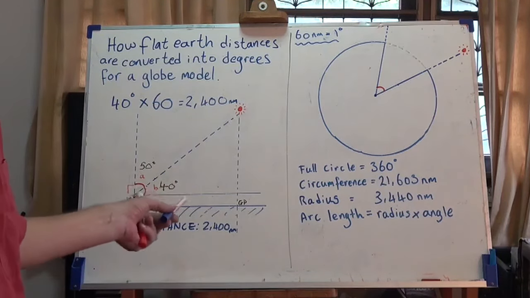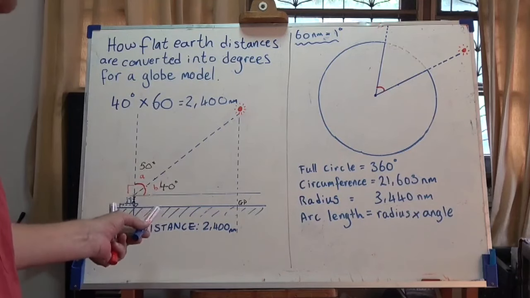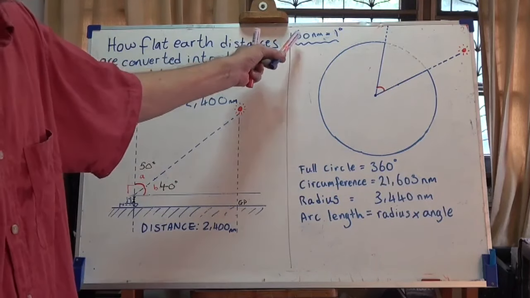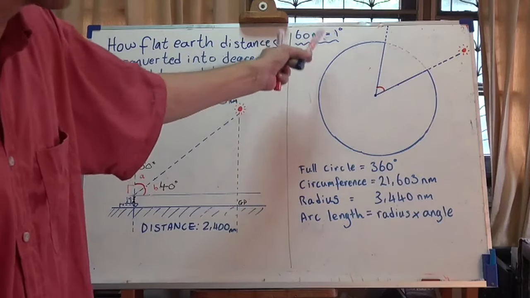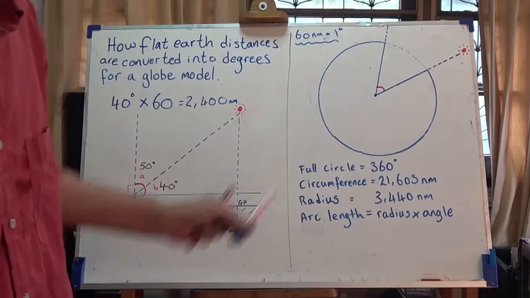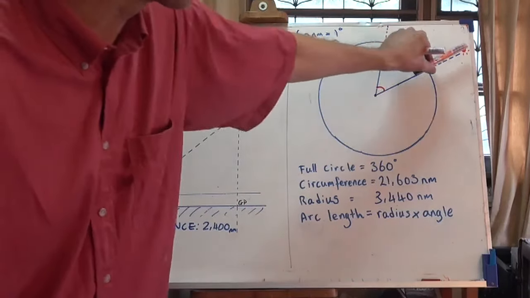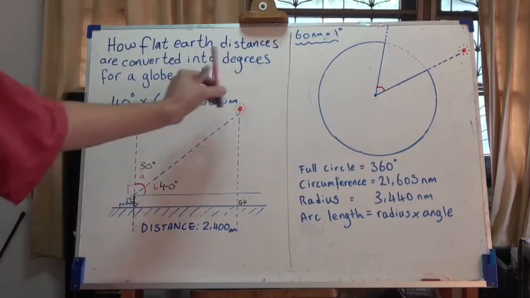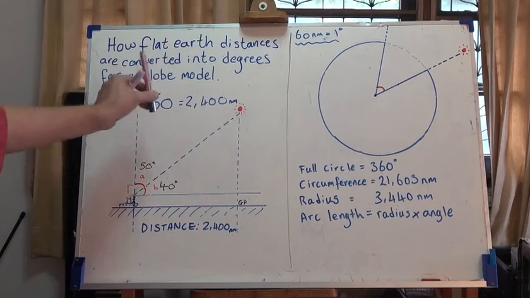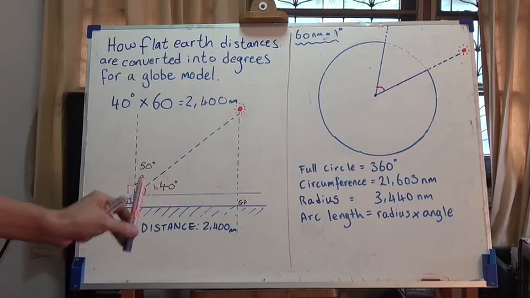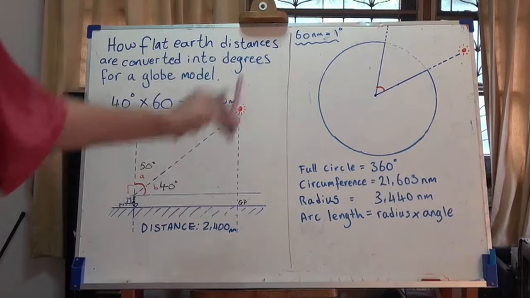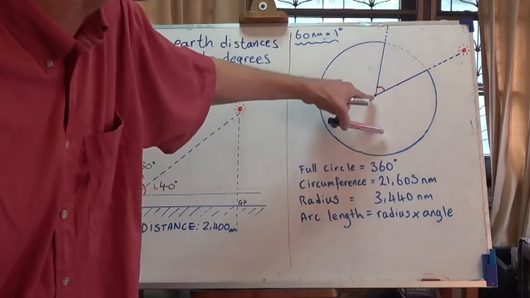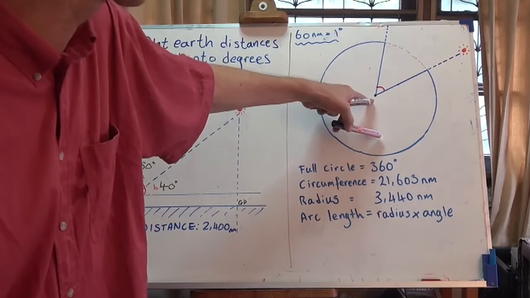And so from our nautical miles and our degrees, basically 60 nautical miles equaling 1 degree, we can now put these two vertical lines that we used on the level Earth to measure the distance here, going towards the center of this circle.